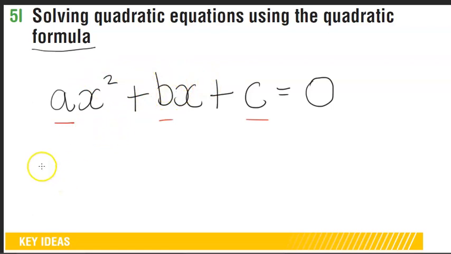I'm going to scroll down to show you what it looks like. In essence, we're going to solve for x by using a formula. X is equal to, you input the a, the b, and the c value into a nice little formula, and it will spit out either 0, 1, or 2 solutions.